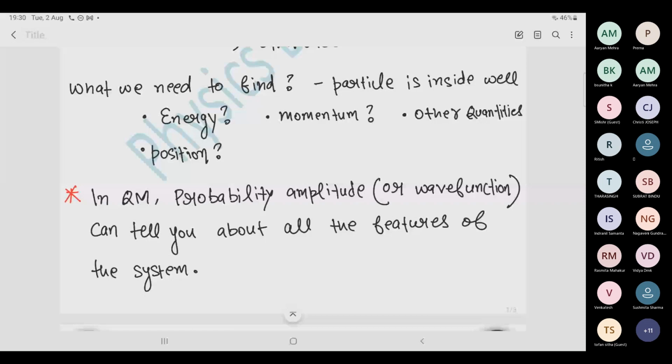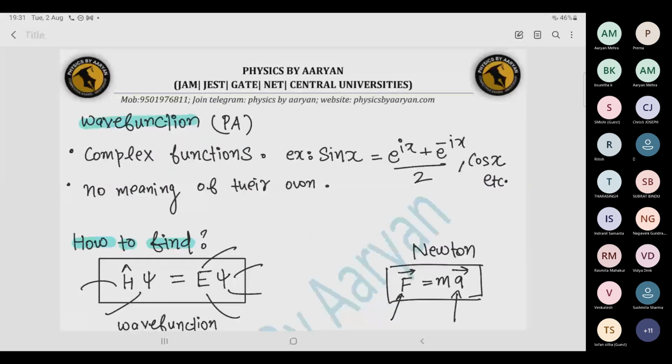Even the IAC Wi-Fi is lagging today. Okay, no problem in that. The screen is moving a little bit slow, but not a problem.